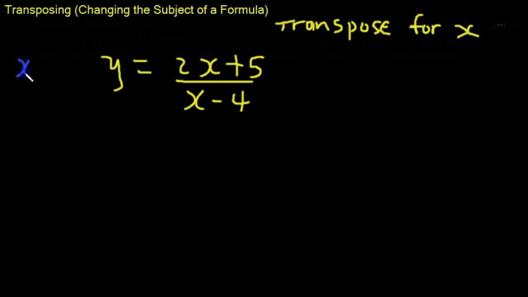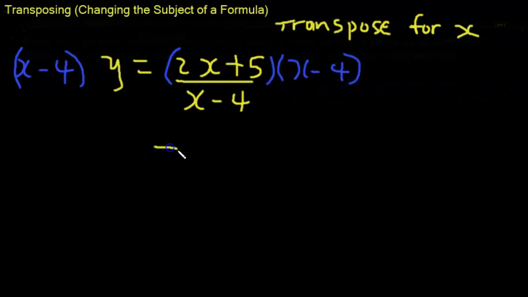So X minus 4 times the left hand side, and X minus 4 times the right hand side. So what will happen? Expand here. Y outside the bracket means we multiply each term in the bracket by Y. So Y times X, that's YX or XY. And Y times minus 4, that's minus 4Y.